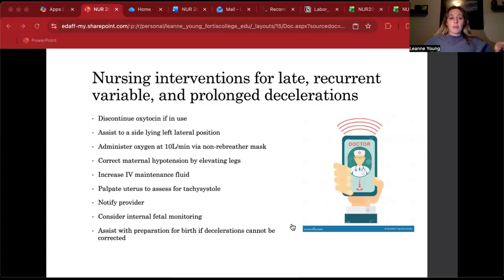Call our doc. Consider internal fetal monitoring, so like a fetal scalp electrode, IUPCs, intrauterine pressure catheter, those devices that we can use to help measure fetal heart rate. And then assist with preparation for birth if decelerations cannot be corrected, and that's a C-section.